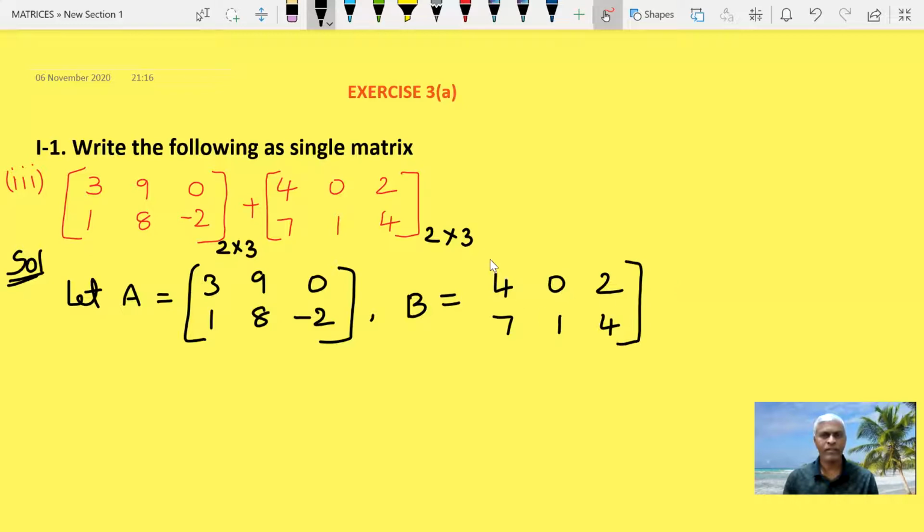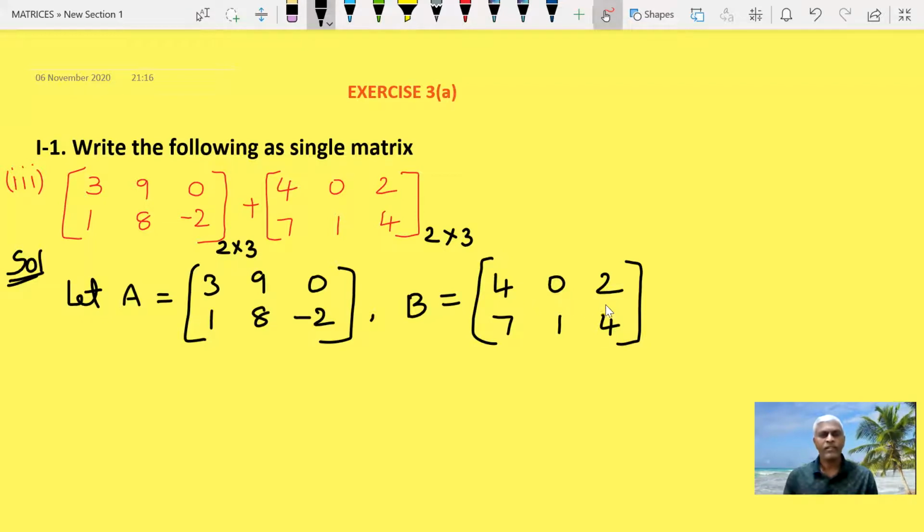A matrix is nothing but an ordered rectangular array of numbers. That is, arranging the numbers in rows and columns is a matrix. And we don't use commas or full stops between the numbers. These numbers are called elements of the matrix.